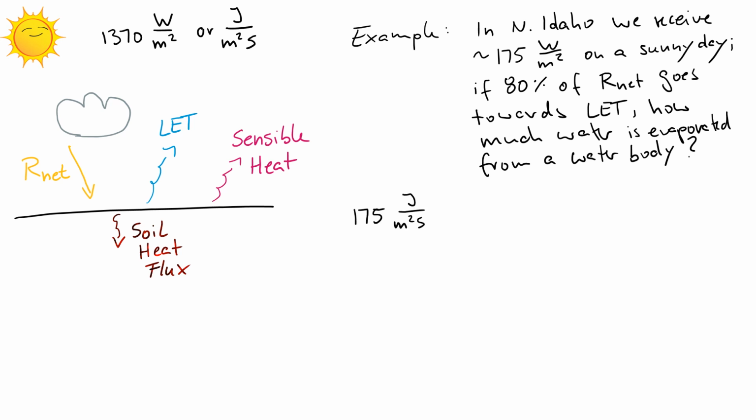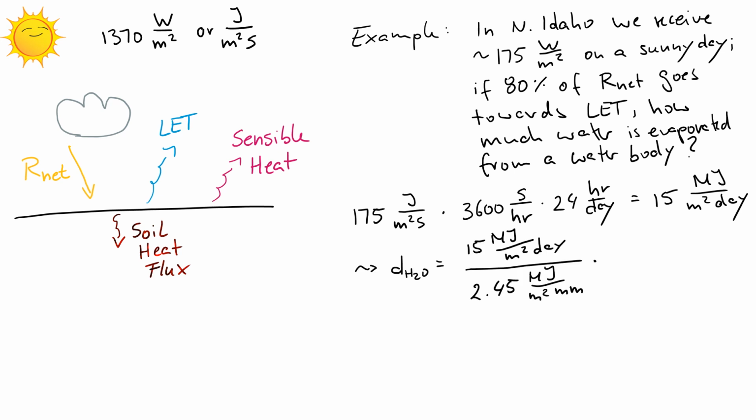So we have 175 joules per meter squared per second. We convert that to joules per meter squared per day. We get to 15 megajoules per meter squared per day received in North Idaho. Now, if we divide that by our 2.45 megajoules per meter squared per millimeter, as per the previous example, we can calculate the depth, and also knowing that we have to multiply this by 0.8 to account for the 80% efficiency of converting that energy to an evaporation flux.